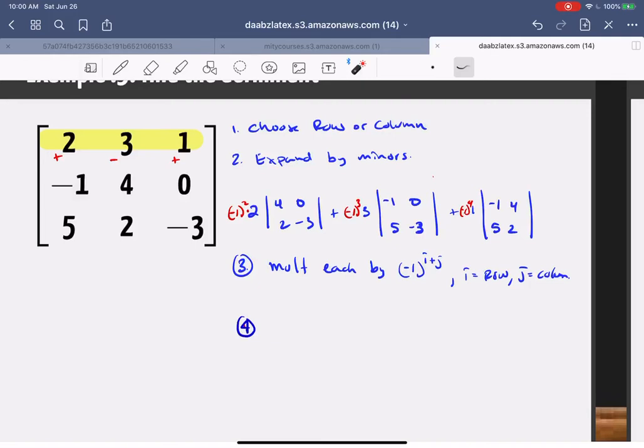Okay, so I got 2 times, well, this would be 12 and then a 0, so I'm going to go like this. And here I have a -3 now, because I already incorporated the change of sign on that 3. Then I'm going to do this one, this minus that, so that's going to be 3 minus 0.